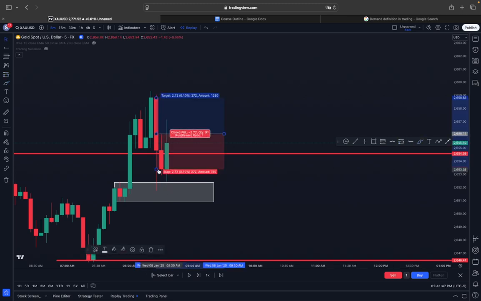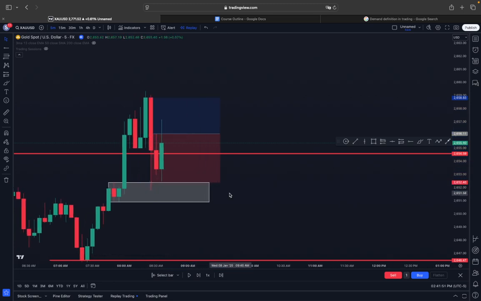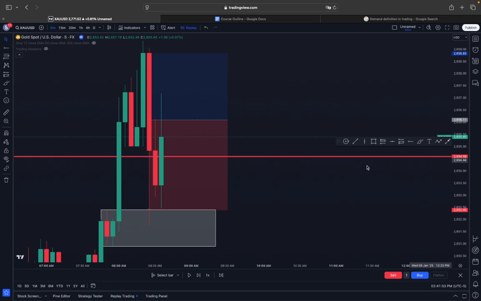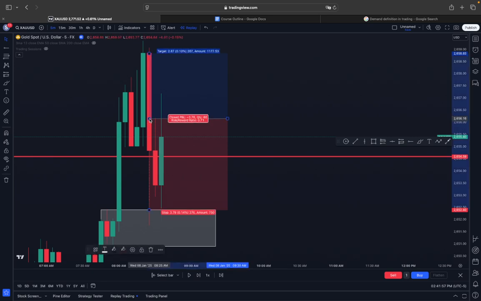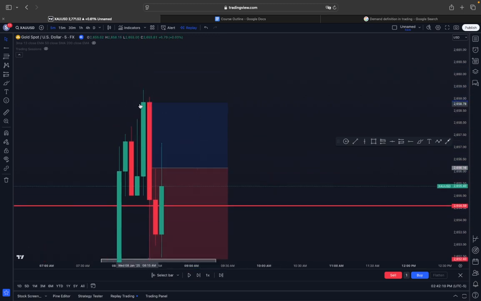We just want to keep our stop losses below the previous candle's low. But let's say our candle here wicks down and breaks this candle's low. We're going to move our stop loss, but we're still waiting for the break of the previous candle's high for our entry.